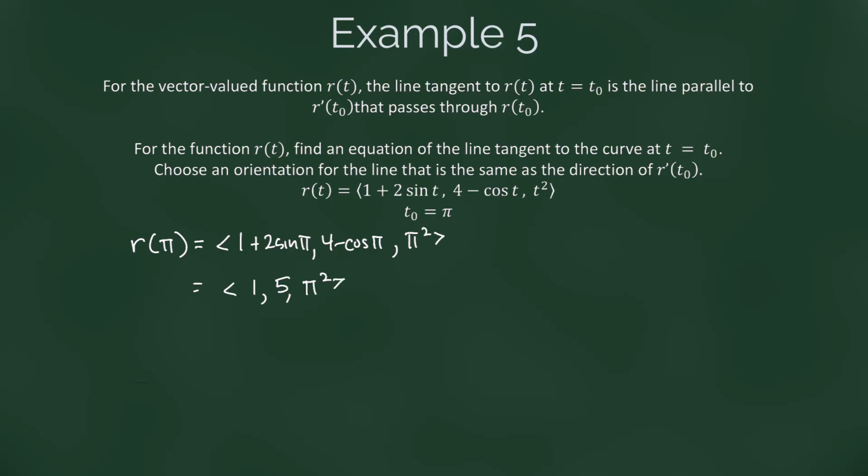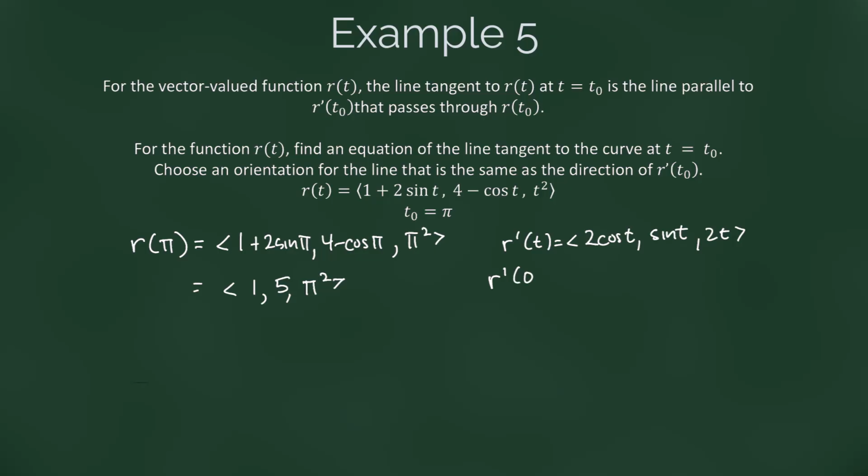The other thing we need to know is what is r prime of pi. So first let's figure out r prime of t. Taking derivatives component-wise, we're going to get 2 cosine of t, sine of t, because the derivative of cosine is negative sine, so we have two negatives, and then 2t.